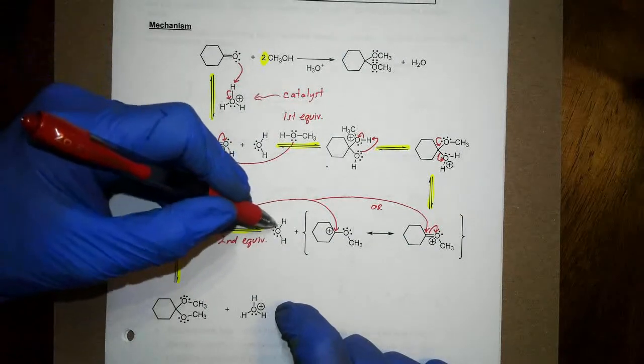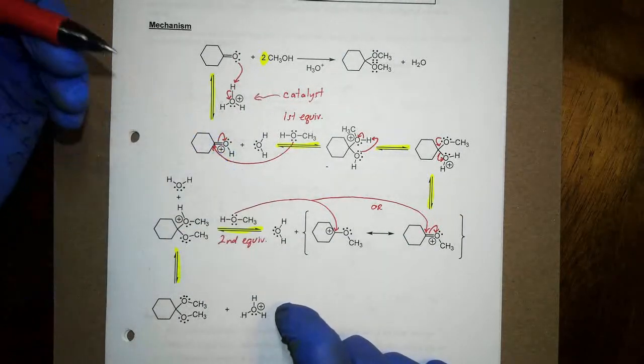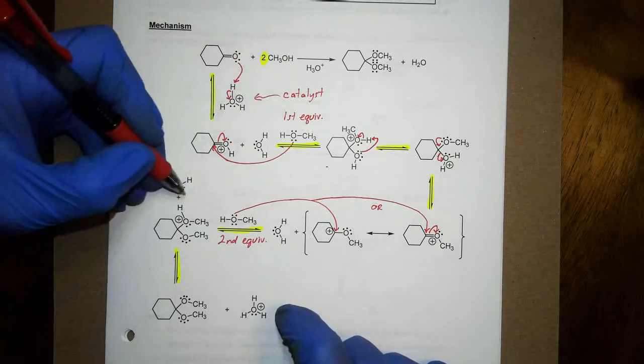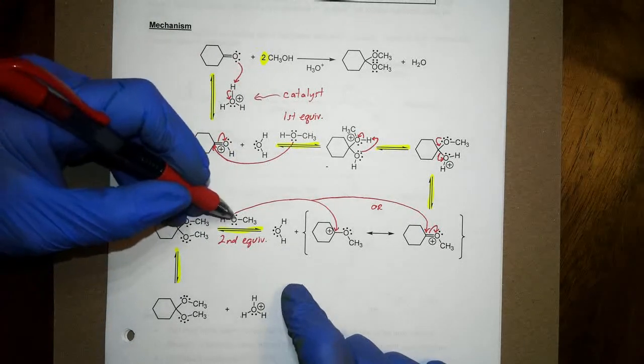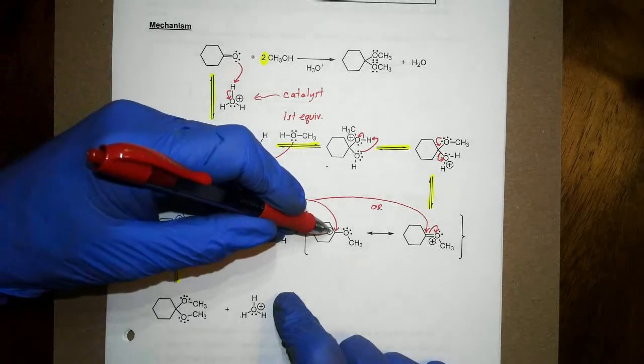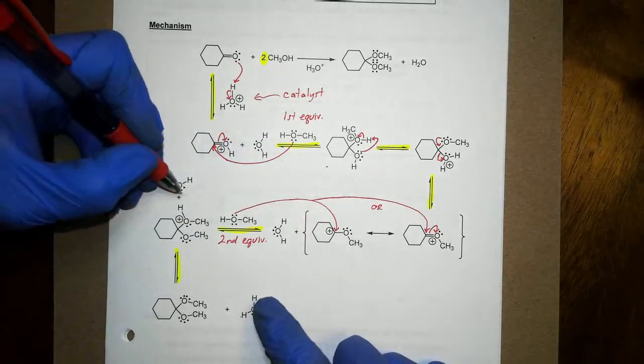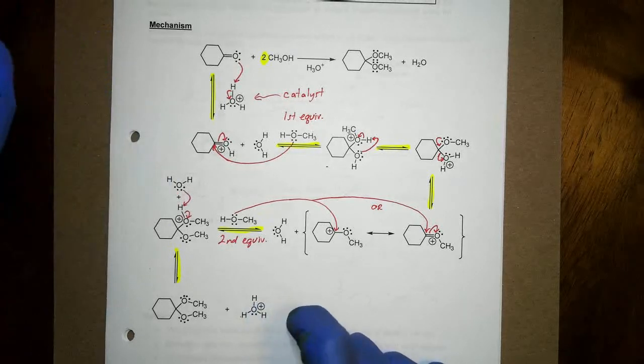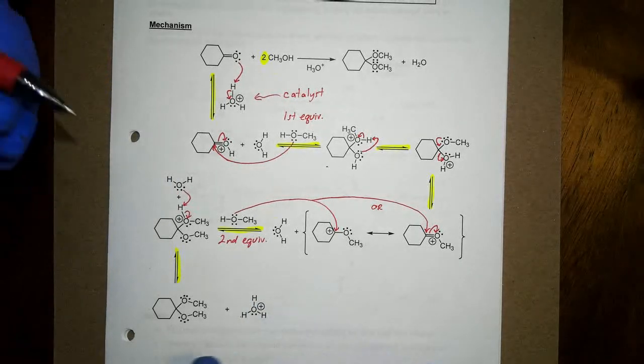Now remember, water's hanging around, and we also remember that the catalyst has to be regenerated. So once we have this nucleophilic attack at this carbon, we have this new intermediate. Water molecules here to pick up that proton, right? And then that leaves us with our final product.